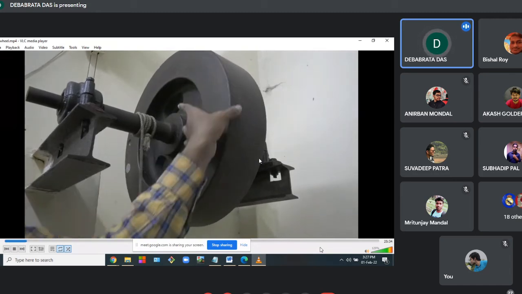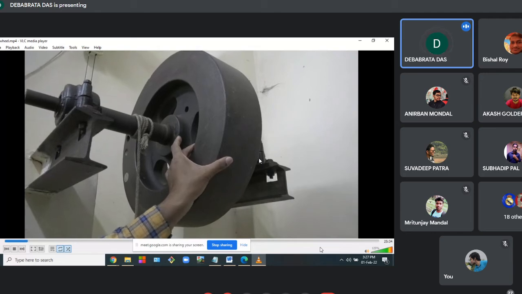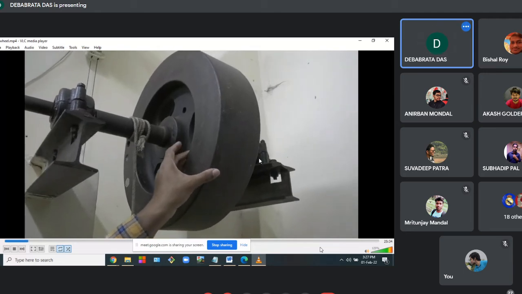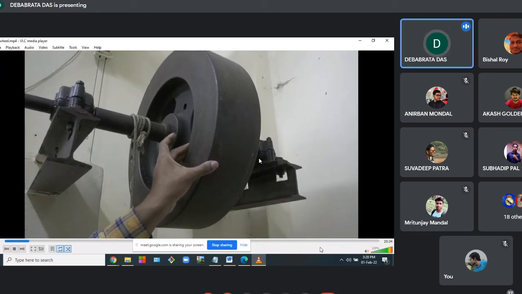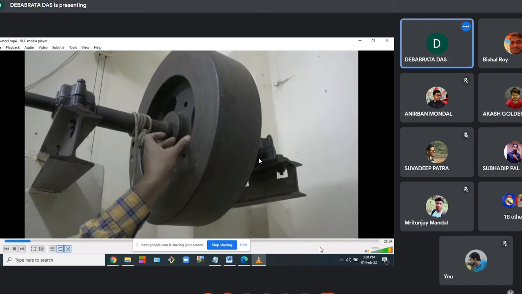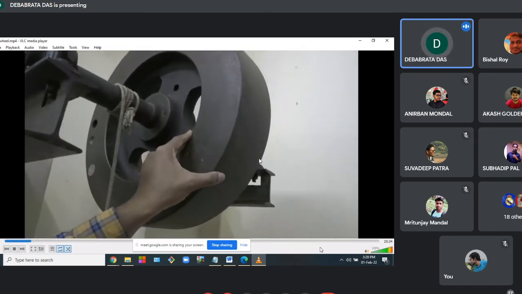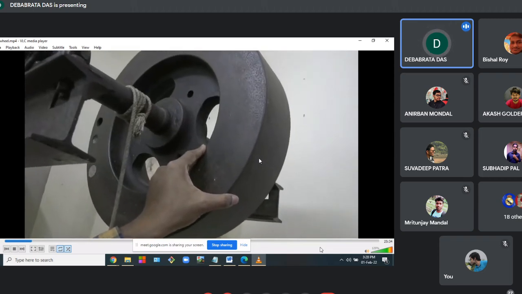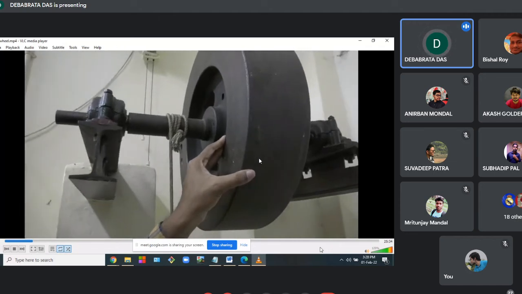Now look at this flywheel carefully. This outer thick portion is called the rim of the flywheel, and most of the mass is distributed around this rim portion, which is at the highest distance from the axis of rotation. This middle portion is very thin, and it does not contribute significantly to the mass moment of inertia.